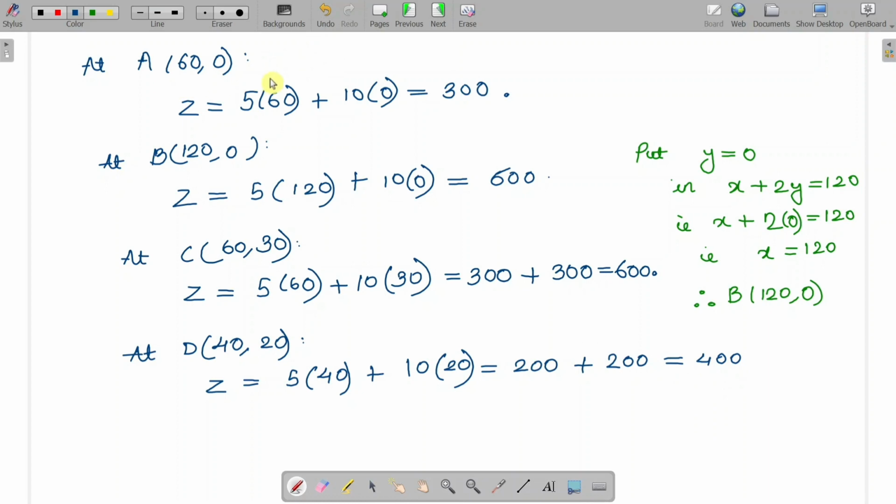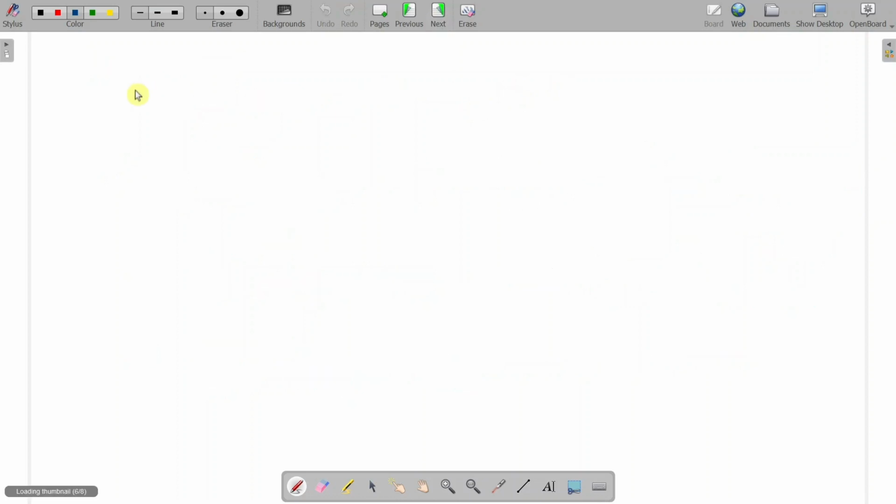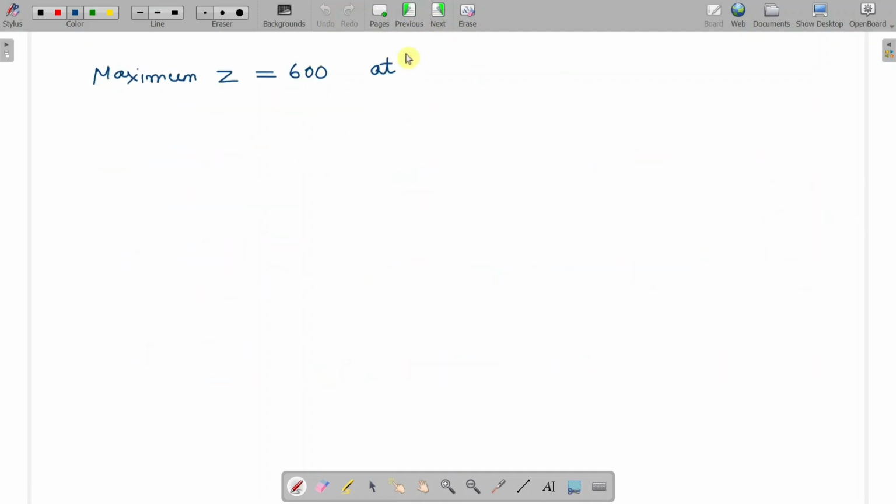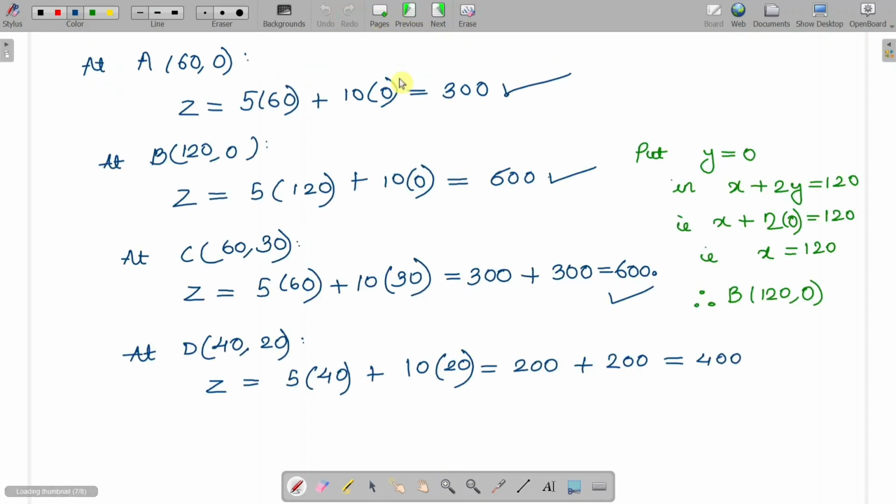Now we had to find the maximum as well as minimum, that was the problem. We have to find maximum and minimum of the objective function given the conditions. So you can see that the minimum is 300 and the maximum is this 600. Okay, so maximum Z is equal to 600 at 2 points, it is at B 120 comma 0 and C 60 comma 30.